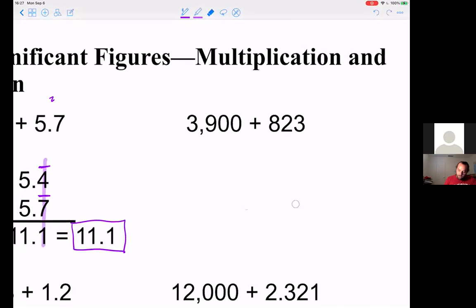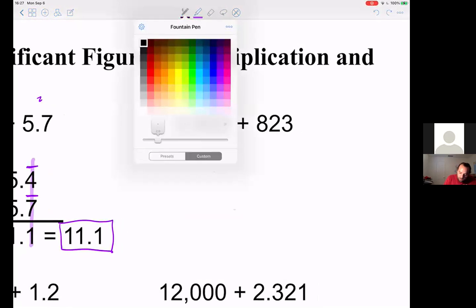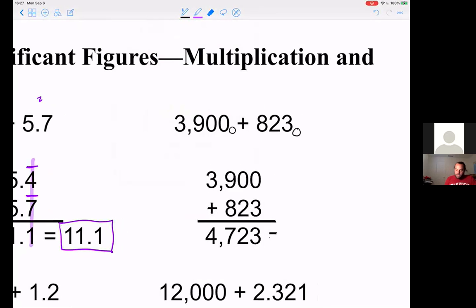Okay. Keep going. So now notice that these numbers don't explicitly have the decimal written, but I know where it should be, right? So I'm going to line these up again at that decimal, even though it's invisible. I'm going to punch it into my calculator, and then I'm going to go back and mark the last sig fig in each number. In the 3900, it's that 9.